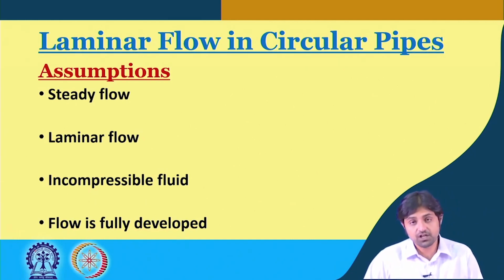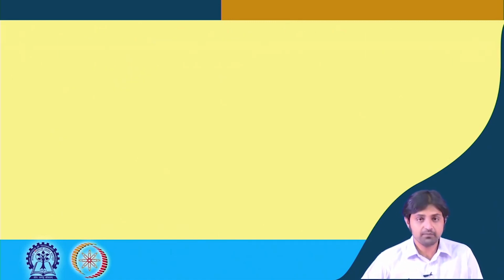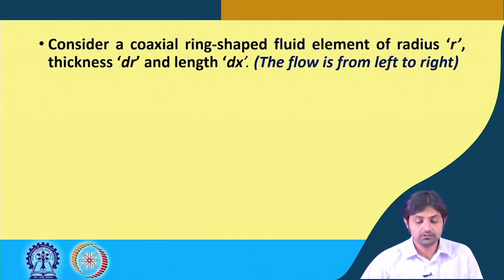Because when the flow starts, the first thing that will happen is it being non-steady. It will change after the flow is fully developed, after it has occupied the entire pipe, for example. Fully developed has something to do with the boundary layer phenomenon. That's why I have not mentioned it before, but we will see it next week.